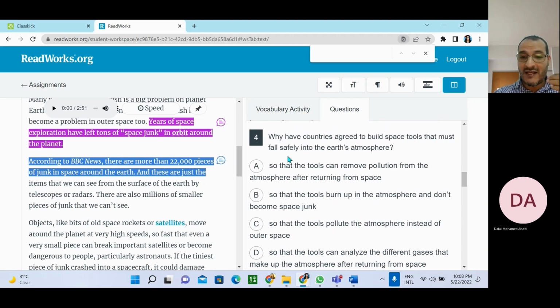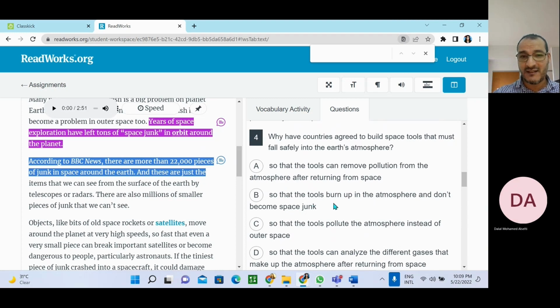Can you connect this part to your knowledge? When space junk like a rocket, or part of a spaceship, comes back to the atmosphere, will it burn, or will it fall in the ocean? I think it will burn, right? Those tools can remove pollution from the atmosphere after returning from space. Maybe this one.